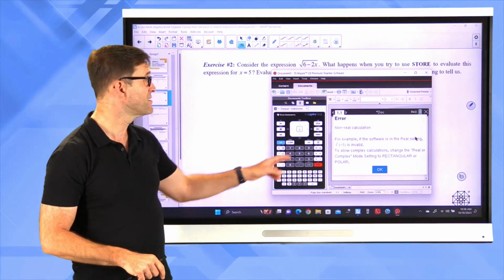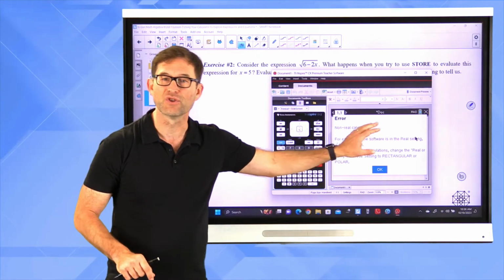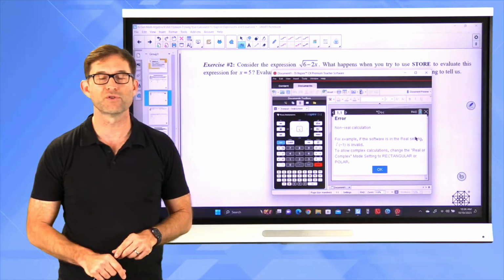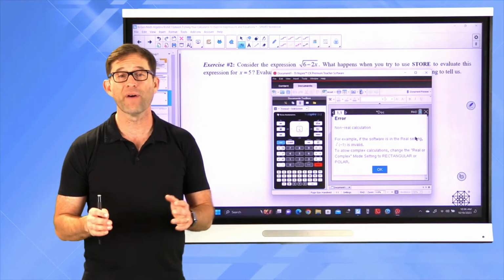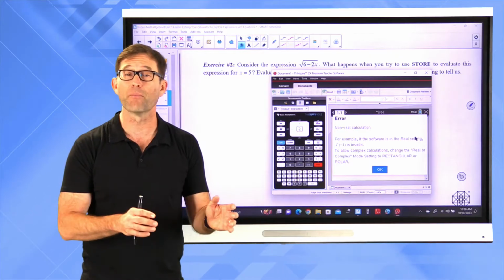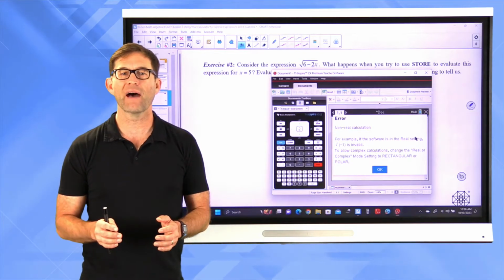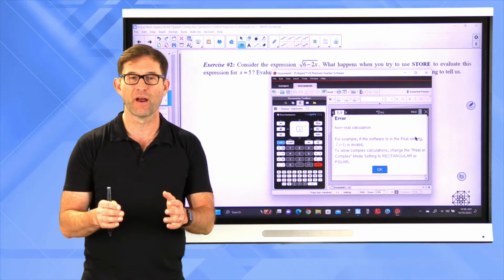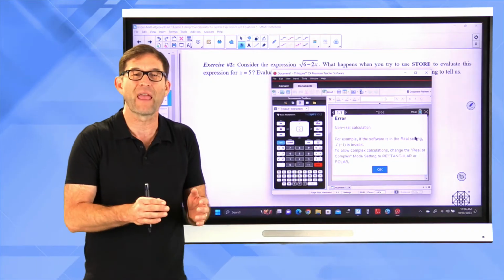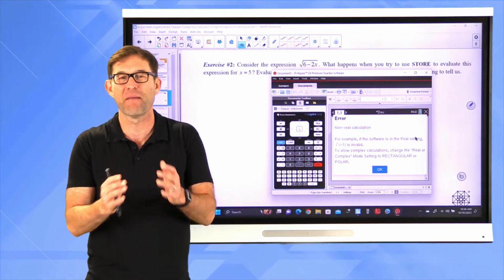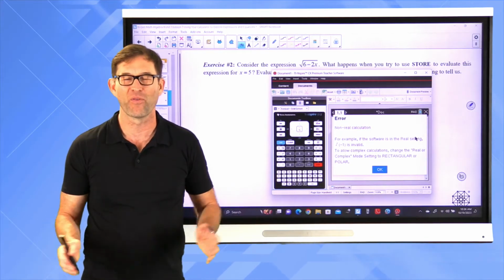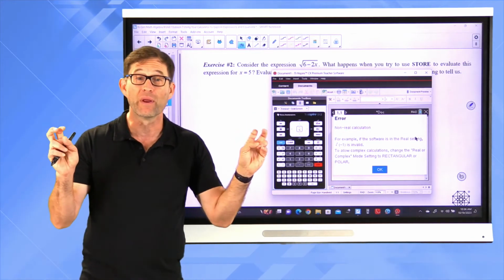All right, so it says error, non-real calculation, and I won't go through all of this verbiage. Later on in this course, we're going to see how to evaluate the square root of a negative number. But in order to do that, we're going to have to introduce what are called imaginary numbers. That's right, there are going to be numbers that we actually call imaginary. They're not actually imaginary, but that's what we call them, as opposed to a real number.